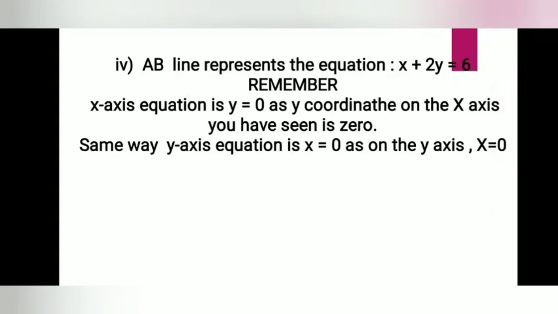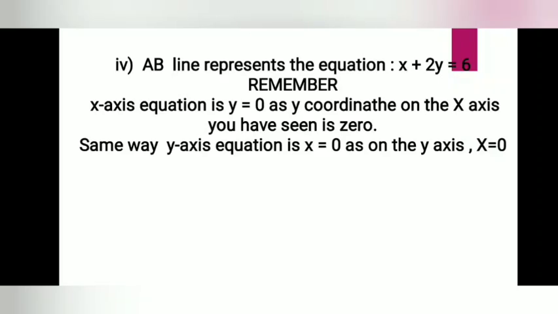Now remember students, the x axis equation will be y equal to 0 and the y axis equation will be x equal to 0. On the x axis the value of y is 0. In the same way, on the y axis x is 0.